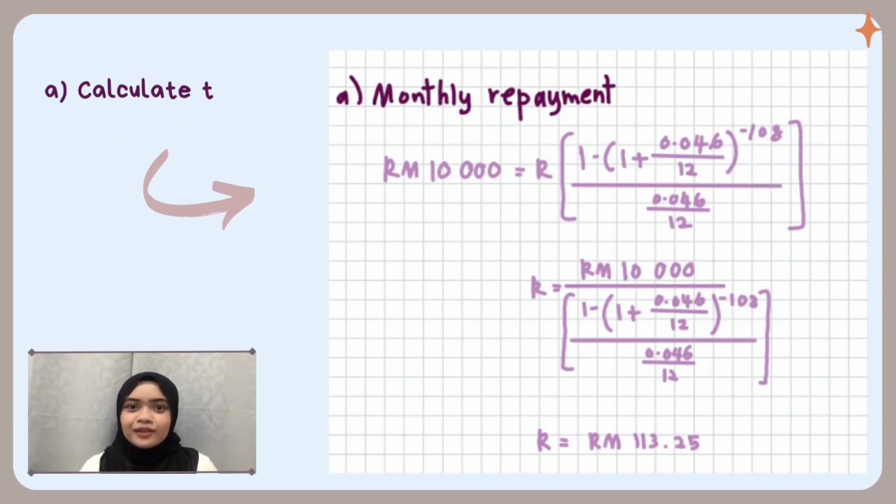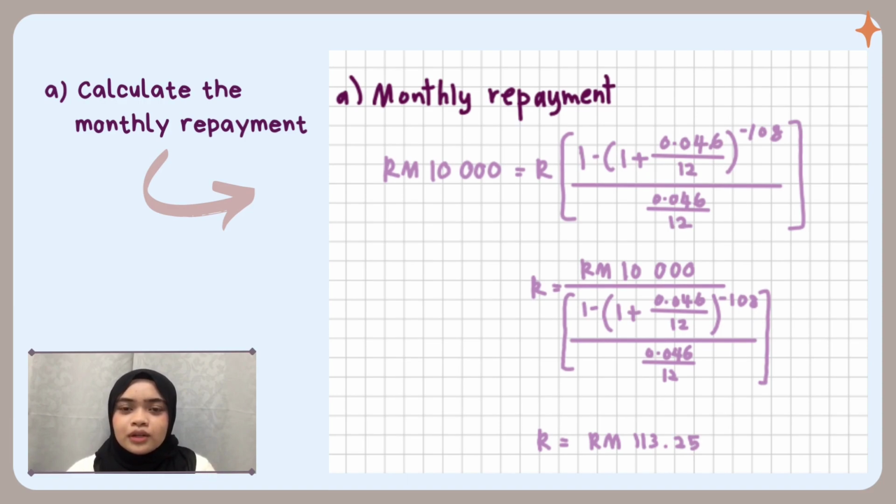Question 2a. To find the monthly repayment, we use the same formula, present value A. So 10,000 ringgit as A equals R times 1 minus (1 plus I, 0.046 per 12) to the power of negative n, where n is 12 multiplied by 9, which is 108, divided by 0.046 per 12.